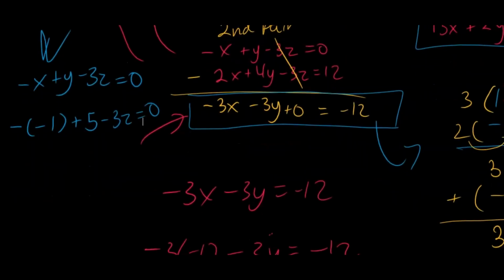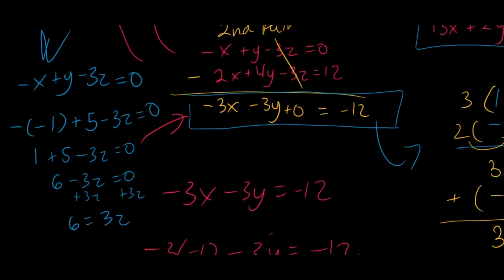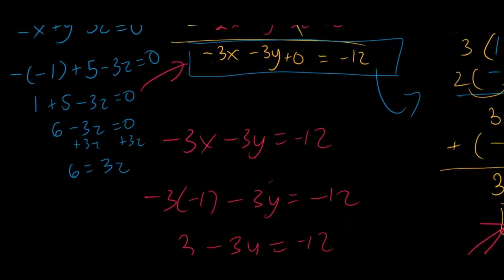So now we just have to solve for z. So let's simplify this out. This is just +1 plus 5 minus 3z equals 0. So we get 6 minus 3z equals 0. Plus 3z plus 3z. We get 6 equals 3z. And so, can you guess what z is? That's right, z is 2.